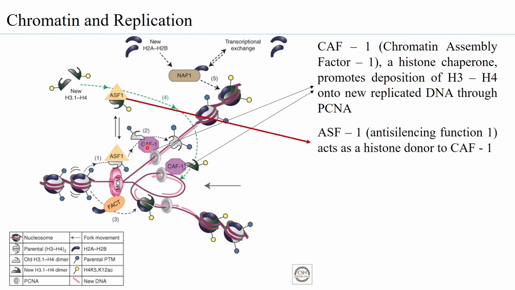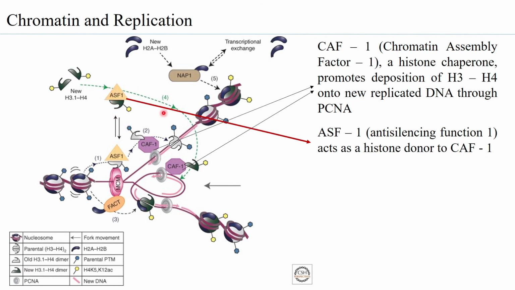Assisting CAF1 is another molecule called anti-silencing function 1. This name came because this molecule has also been observed to influence transcription by silencing gene expression. But it also helps chromatin assembly by bringing the H2A H2B dimers.